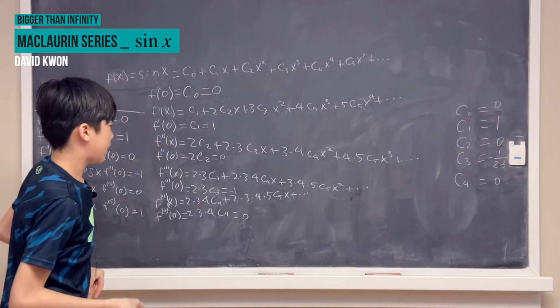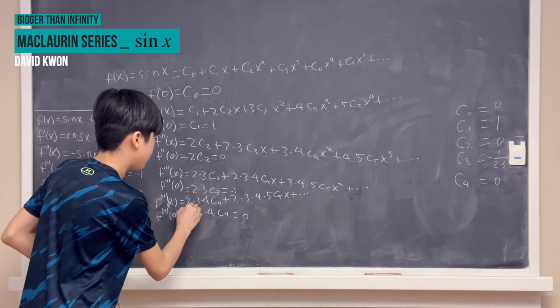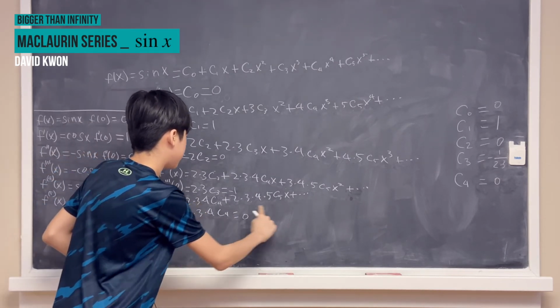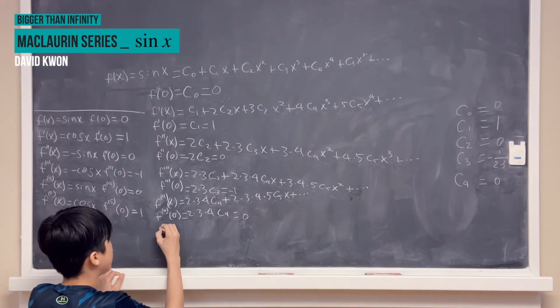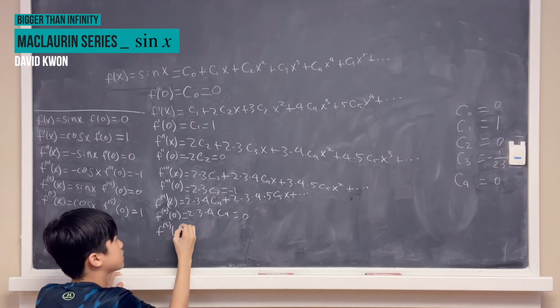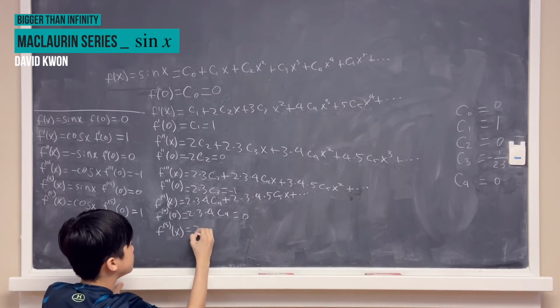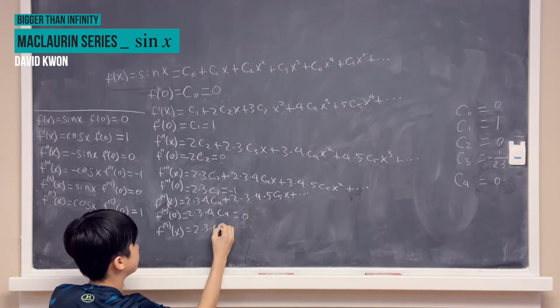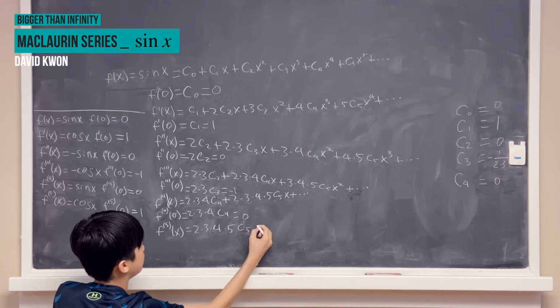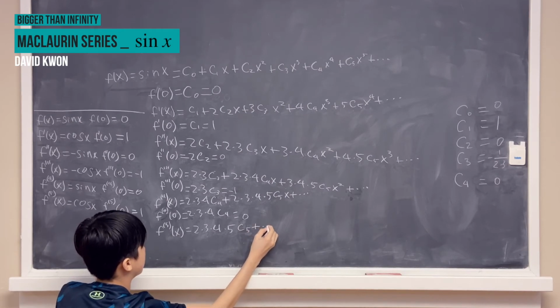This will be our last time differentiating a function. So we will differentiate this function right now. We have f to the power of 5 of x is equal to 2 times 3 times 4 times 5 times c sub 5 plus dot dot dot.